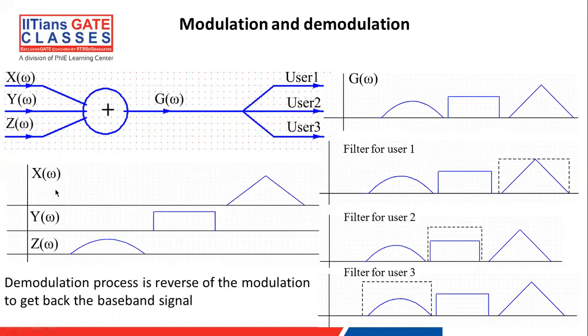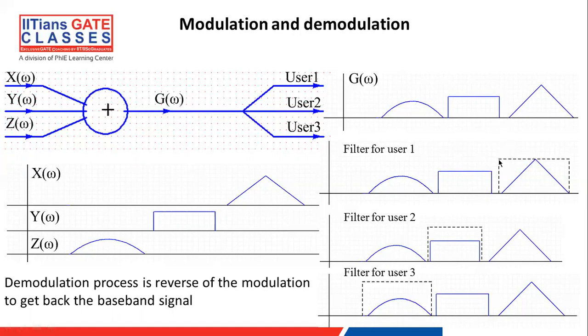So here we are doing the modulation, and at the same time the modulating frequency, or the shifting frequency, is different for all of them. Since the shifting frequency is different for all three, once we add these three, they will not overlap with each other. Now they are not overlapping, so we can easily get back to user 1 by filtering this signal.